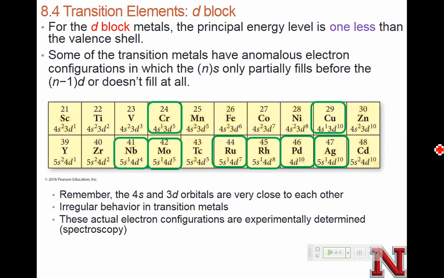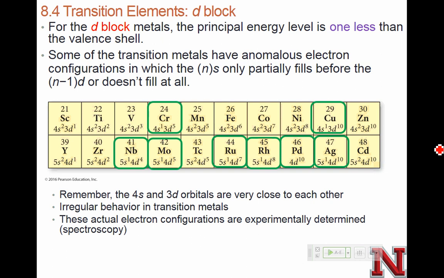Now how can this happen? Well, remember your 4s and your 3d orbitals are pretty close to each other. So we can have where instead of our 4s being full, one of the electrons is in our 3d. Because they're really, really close in energy. They're not degenerate, but they're so close that if it makes the molecule more stable, it's likely going to do it.